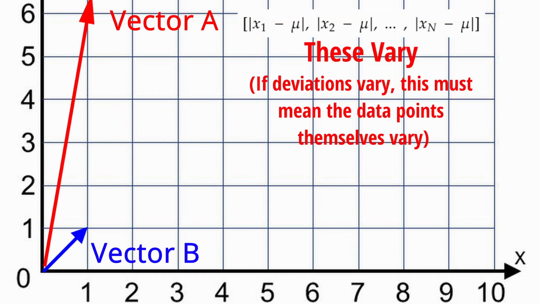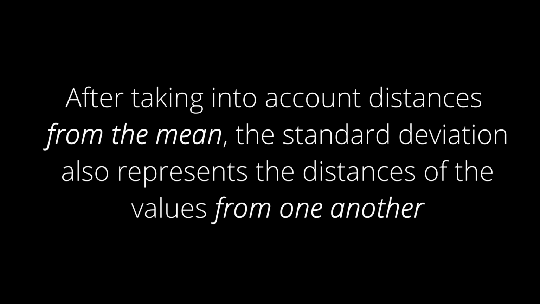This would mean that the deviations vary, which implies that there's more and more variance of the data points between one another. And this tells us that the standard deviation not only considers the distance from the mean, but how clustered the data points are from one another.